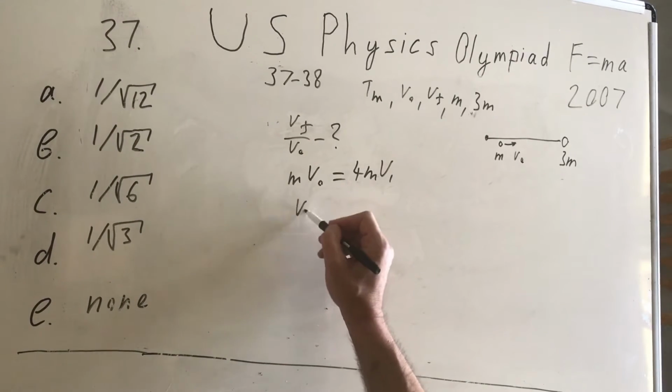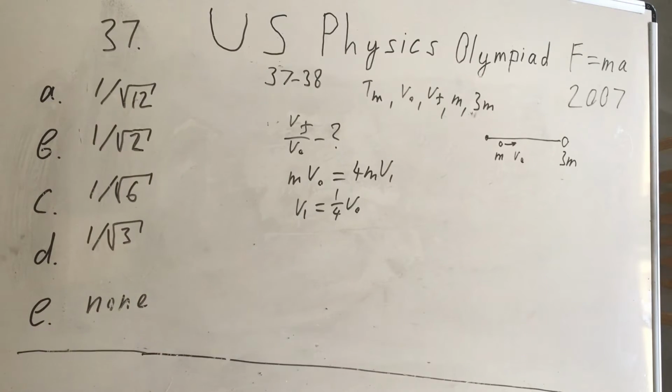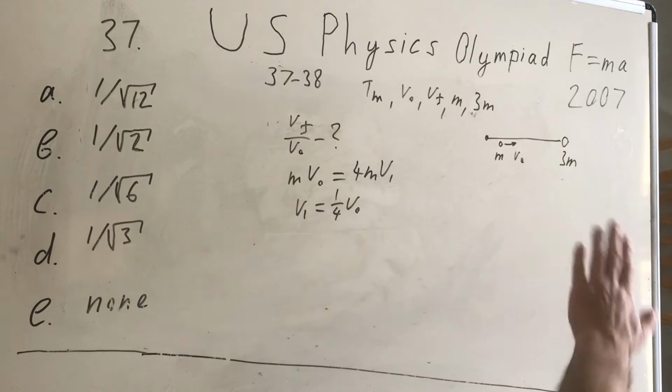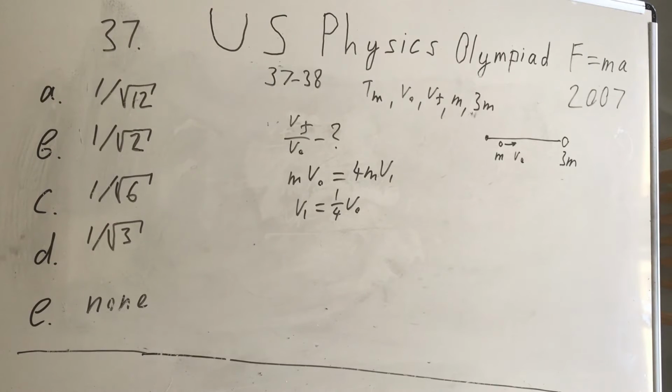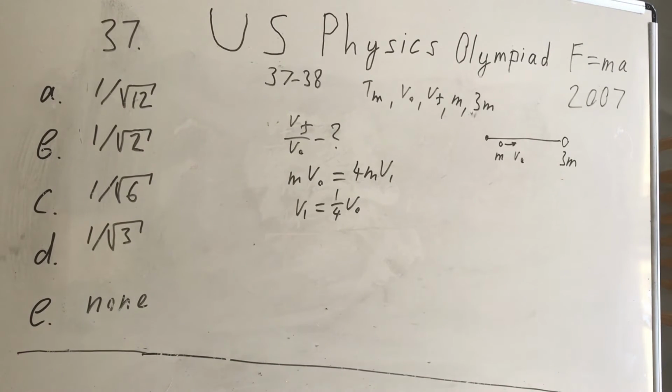The new speed will be 1/4 of the initial speed of the first mass. After that we can count the total kinetic energy after this collision, and all this energy will go to potential energy of the cord before it breaks.